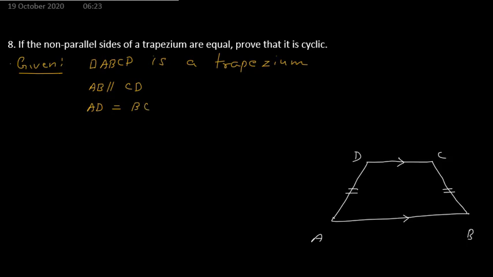This is given. To prove, we have to prove that ABCD is cyclic. We have to prove that this quadrilateral ABCD is a cyclic quadrilateral.